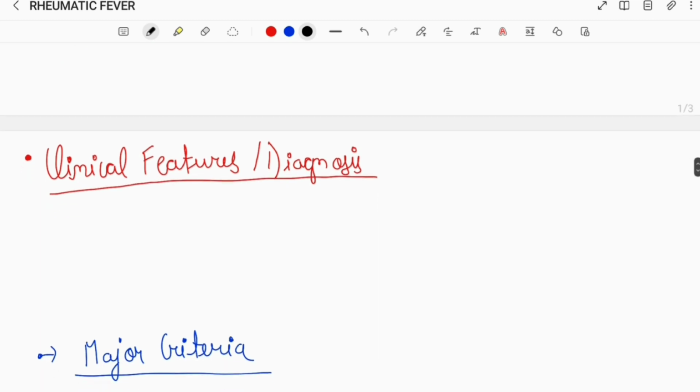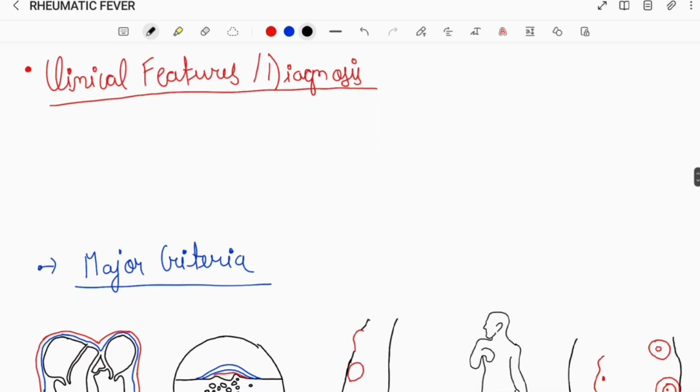Next, if we talk about the clinical features, we can also say that these are the features which help you establish the diagnosis. It is based on something known as the modified Jones criteria.